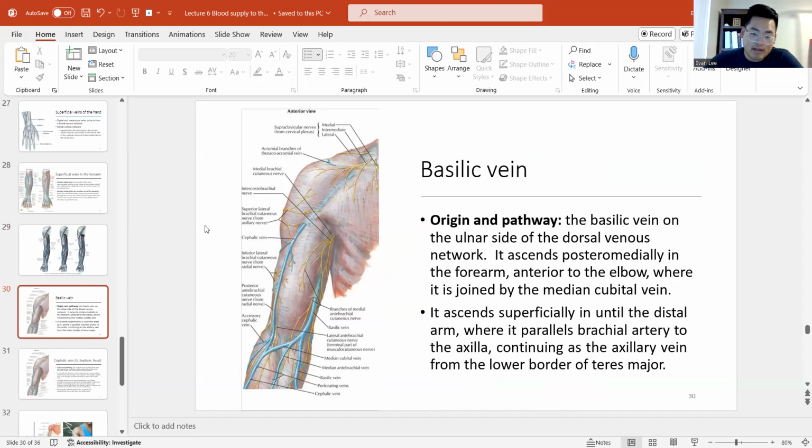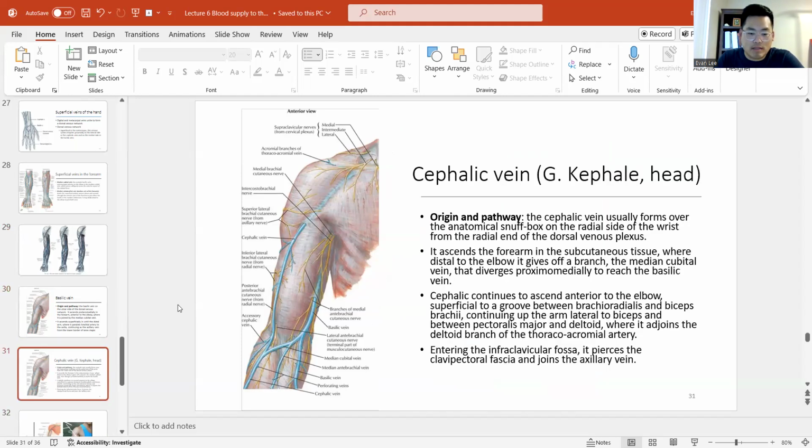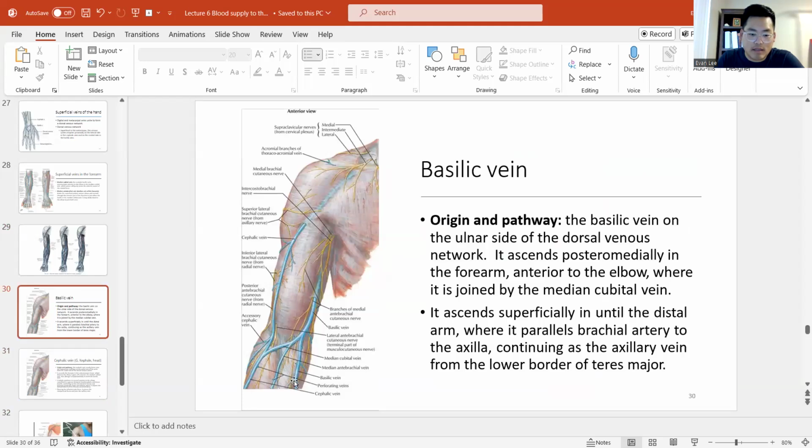So the basilic vein, this is one of our major superficial veins. It starts at the dorsal venous network, but then it travels upwards, up the forearm, up the elbow, up the arm, and then finally terminates when it joins with brachial vein near the axilla. So you can see basilic vein here.